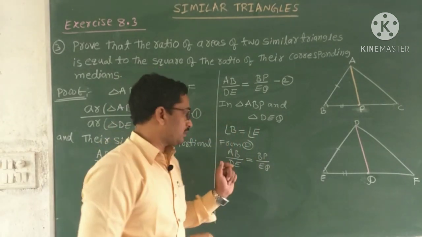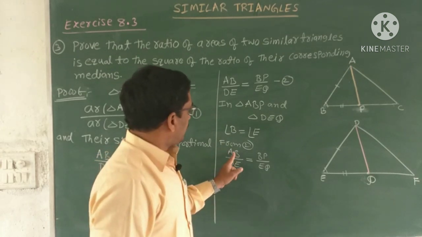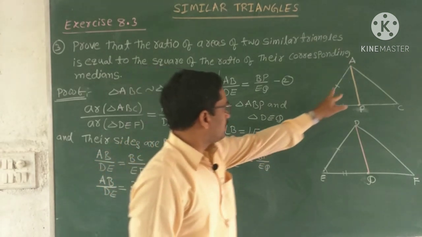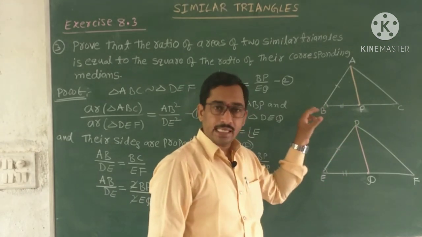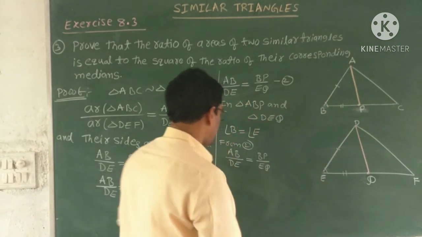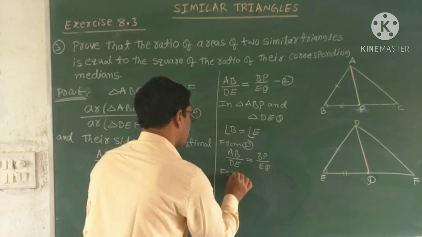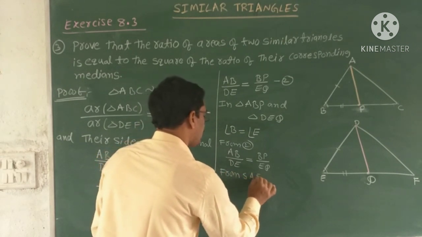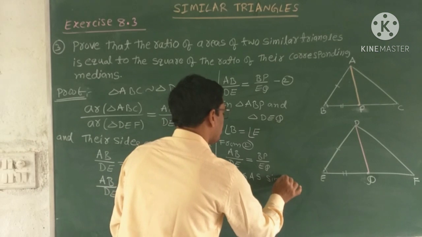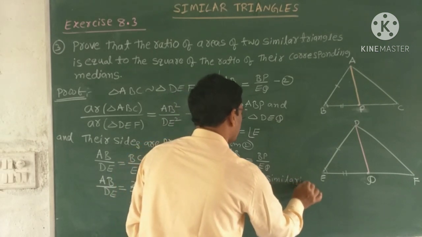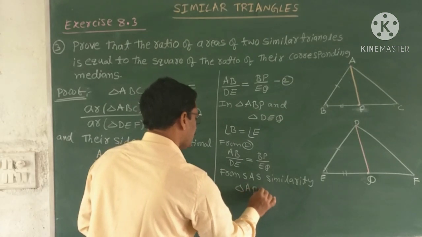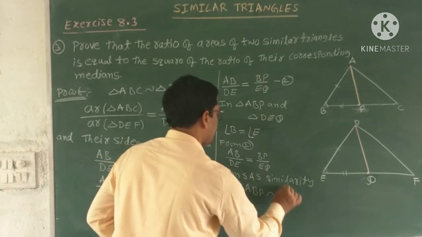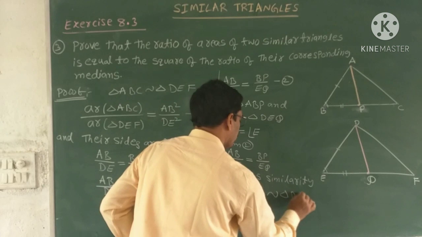See what is this? Side angle side. So from SAS similarity, the two triangles are similar. So what are the triangles? Triangle ABP is similar to triangle DEQ.